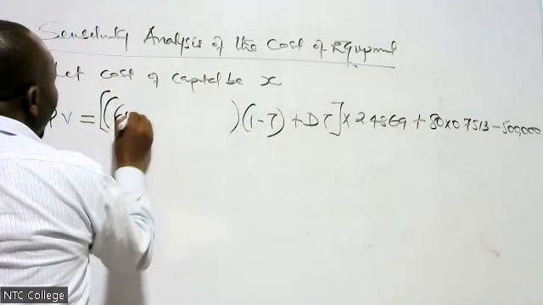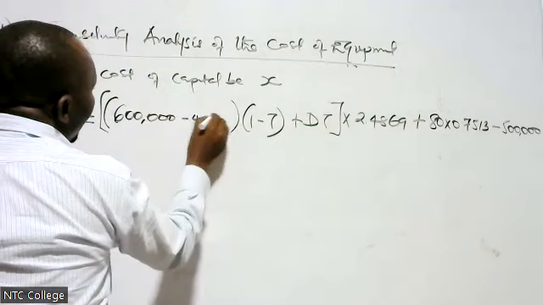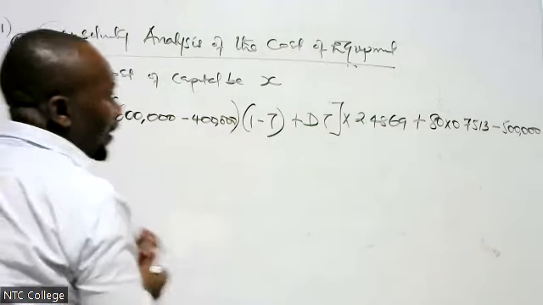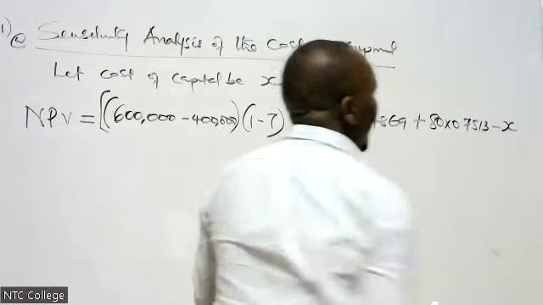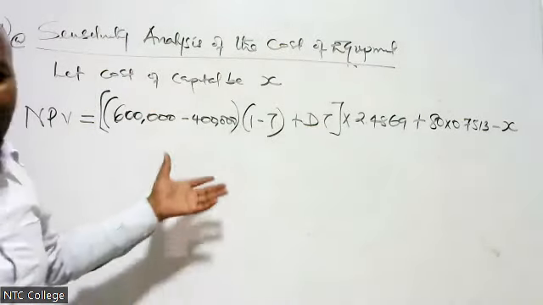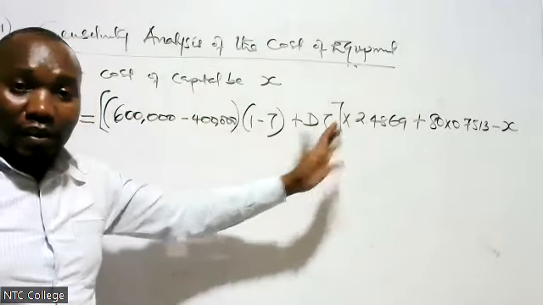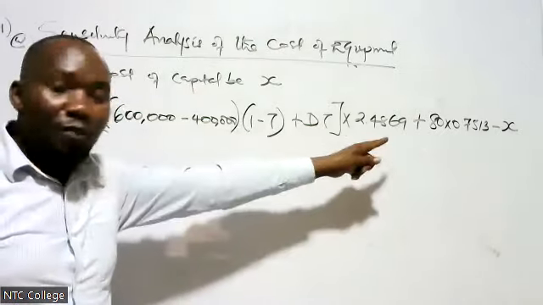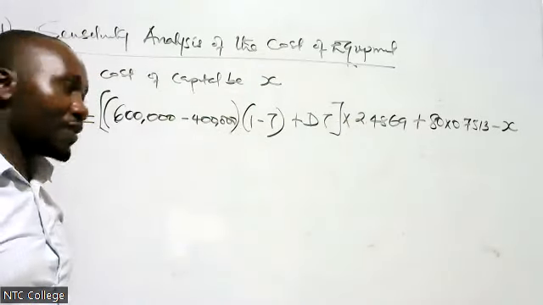So we have 600 minus 400. Then now we have the cost of equipment to be X. Bado iko tu sawa. Hata kama tukiambiwa tubali tunaweka tu X. Now that tumeelewa, it is supposed to be cost of equipment and not the operation cost.